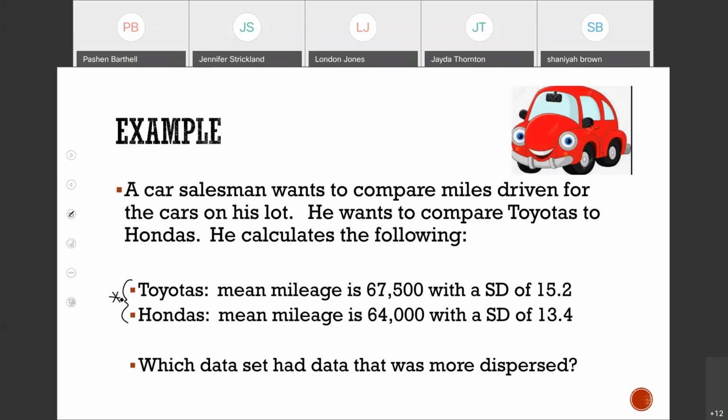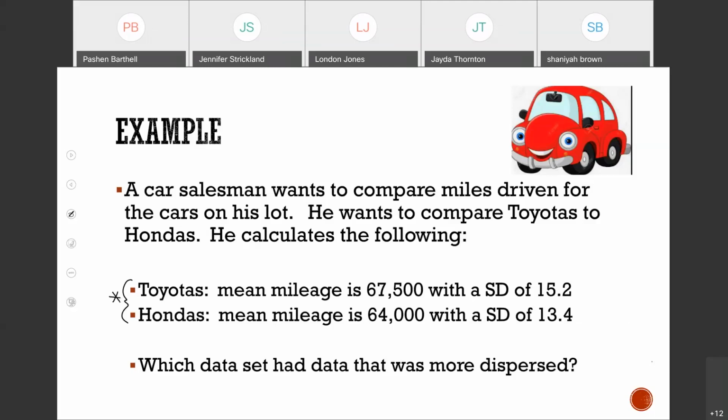The Toyotas, he calculates the average miles to be 67.5. So he goes out, gets the odometer readings off those cars, adds them up, divides by however many, comes up with 67,500. And he then calculates standard deviation using the formula that we talked about when we met Friday. And then he does the same thing for the Hondas.